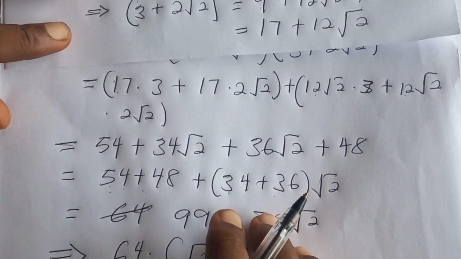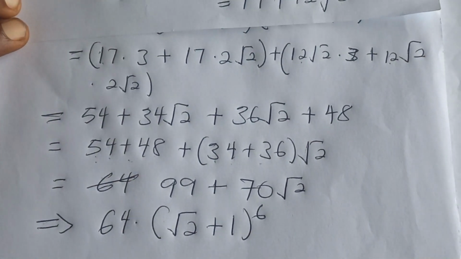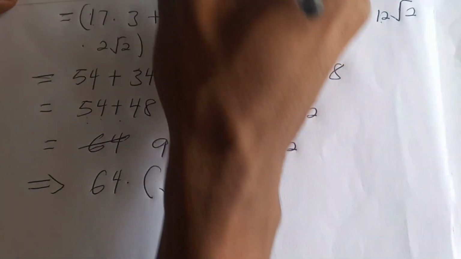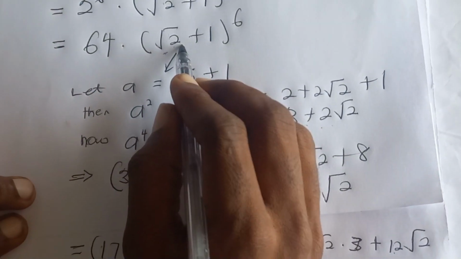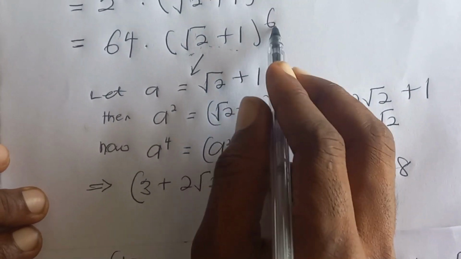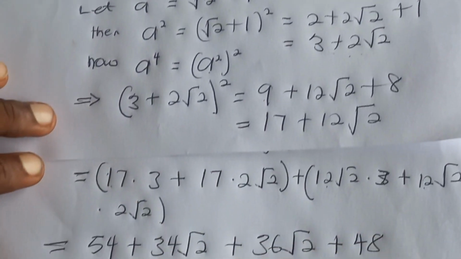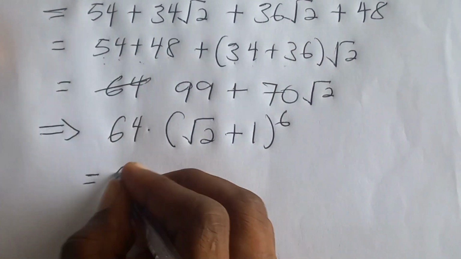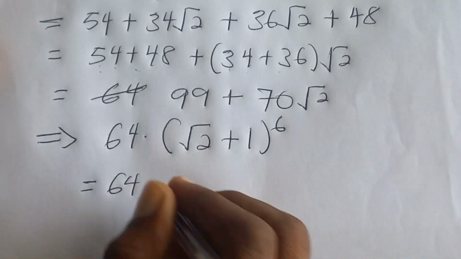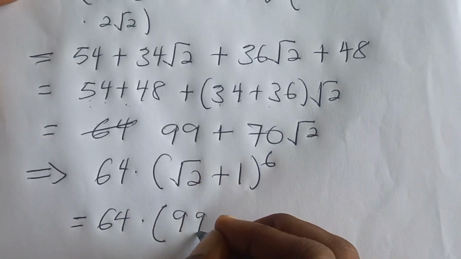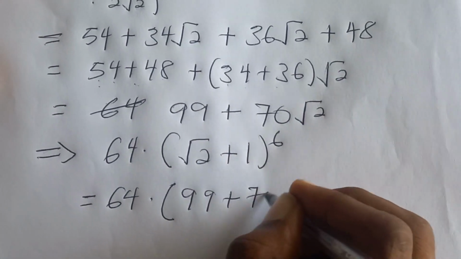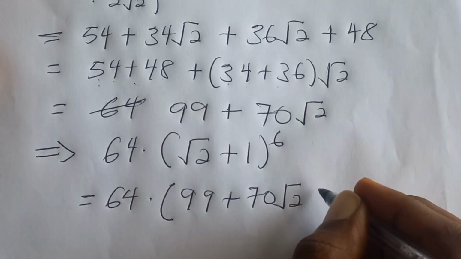This is what we have been expressing so far, square root of 2 plus 1 all exponent 6. So we are going to get 64 multiplied by bracket 99 plus 70 square root of 2.